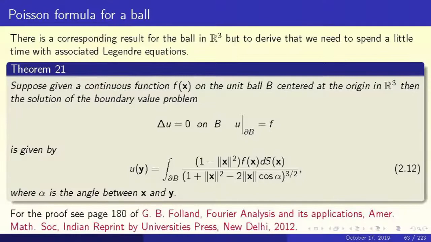That formula exactly carries over in higher dimensional space, and the formula is 2.12, that the solution is given by u of y equal to integral over the boundary of B, 1 minus norm x squared f of x dS_x upon 1 plus norm x squared minus 2 norm x cos alpha to the power 3 by 2, where dS_x is the area element.